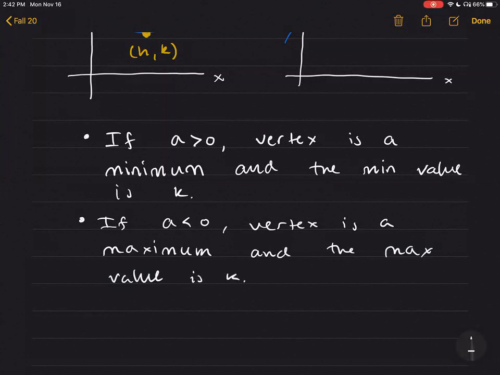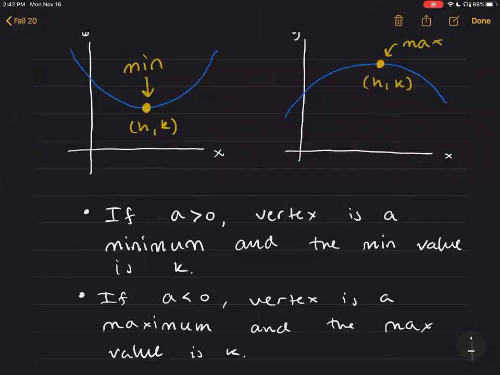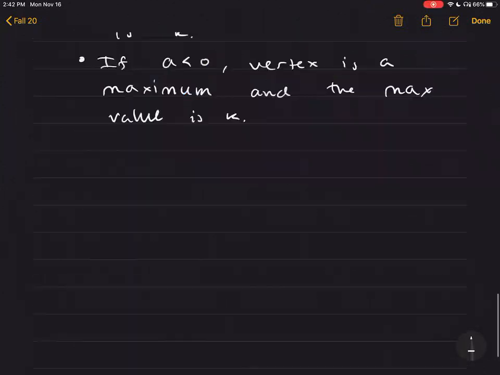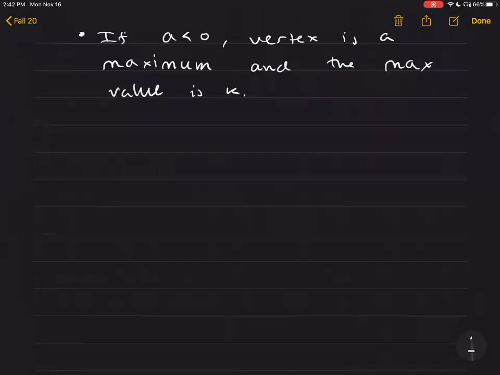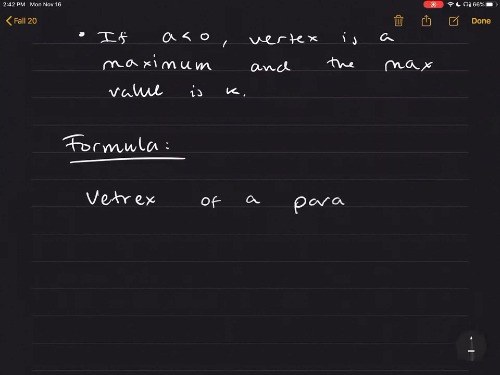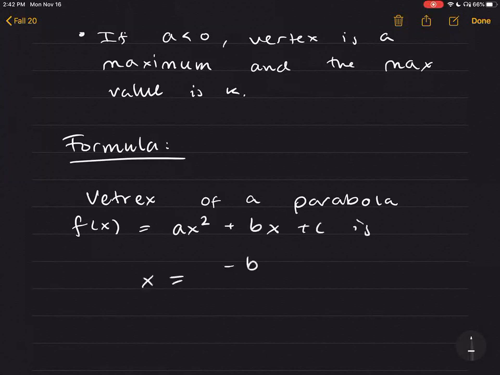So you can use these ideas and you can actually derive a formula for where the vertex will always be using completing the square. Formula: the vertex of a parabola f of x, and instead of writing it in standard form, we're just going to write it this way, ax squared plus bx plus c, is given by the formula x equals negative b over 2a.